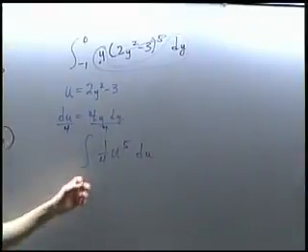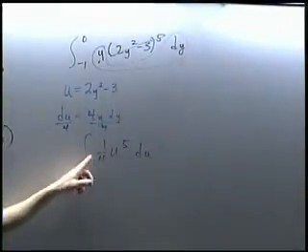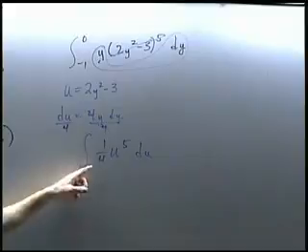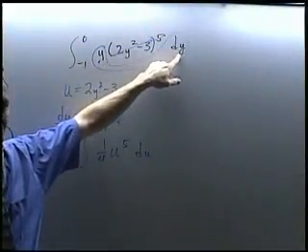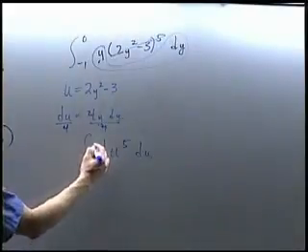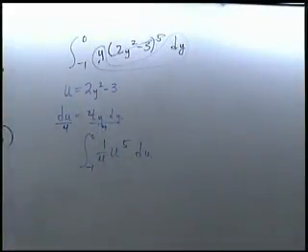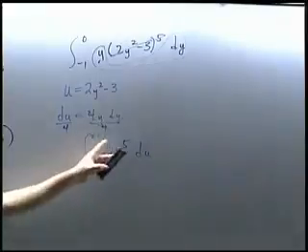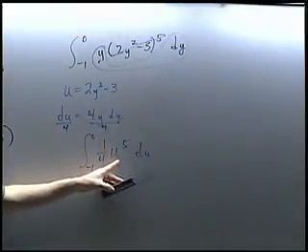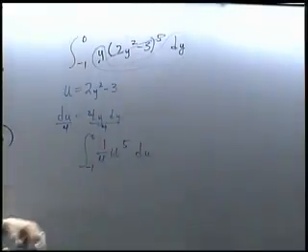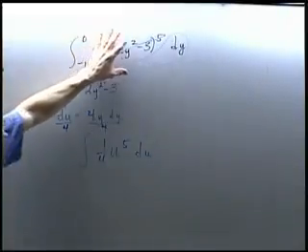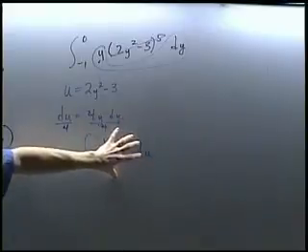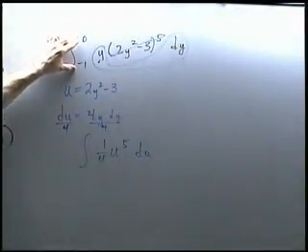Now, notice I haven't done anything with the boundaries yet. These boundaries are values to sub in for y. So do I want to keep -1 and 0 down here? And the answer is no, because when I solve this problem, I'm going to have u's in the problem. So what we have to do on these substitutions is, when we change the variable over to u's, we also must change the boundaries over to values of u.